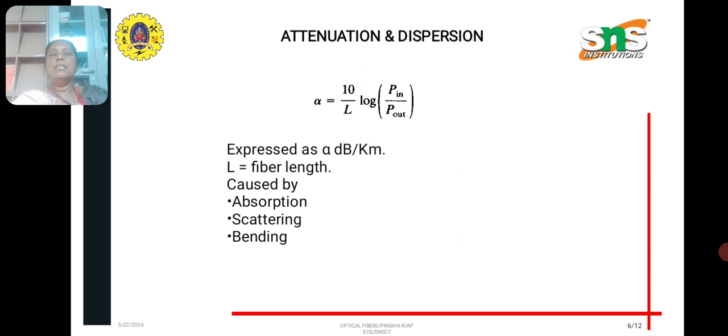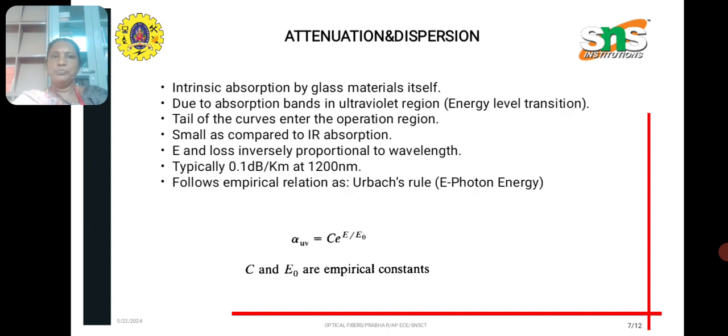Here L represents the fiber length which is used for fiber communication, and this attenuation is caused by either absorption or scattering and bending of the optical fiber. P in the formula refers to the input power, P out refers to the output power.